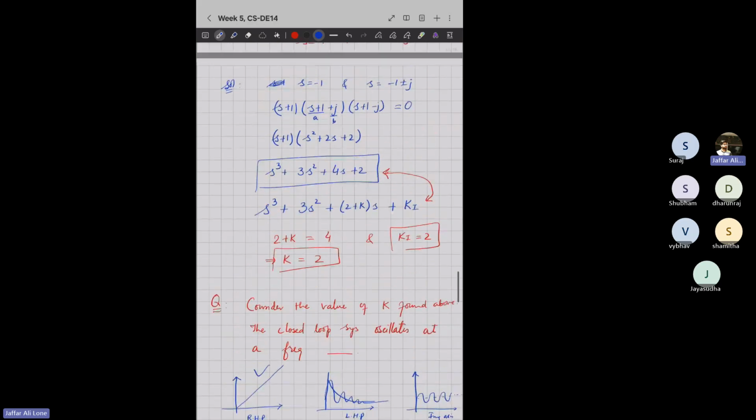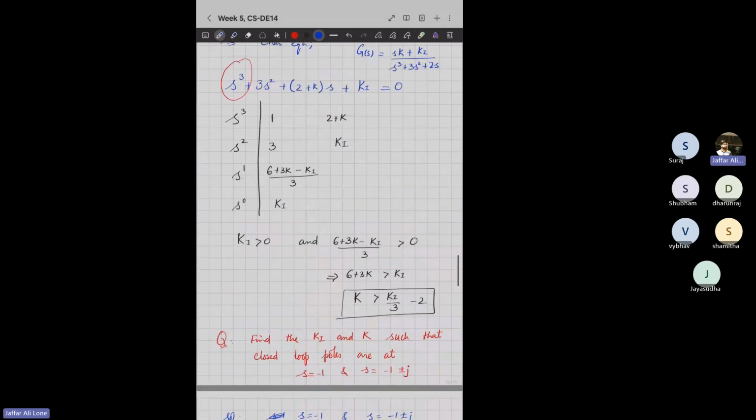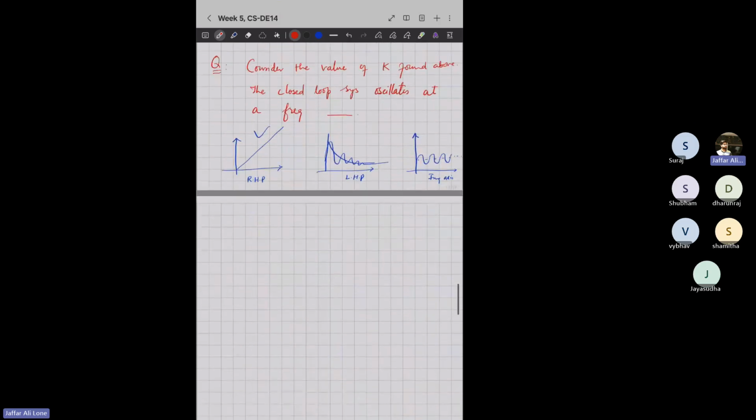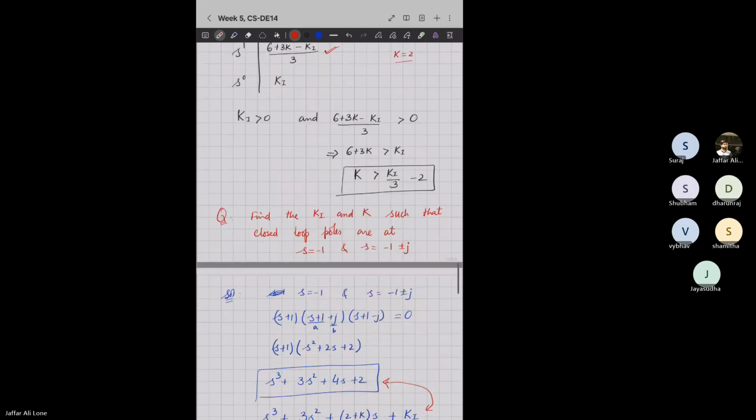Now go to this array. When my K is 2, put this K equal to 2 here. 6 plus 3K minus Ki, divided by 3.